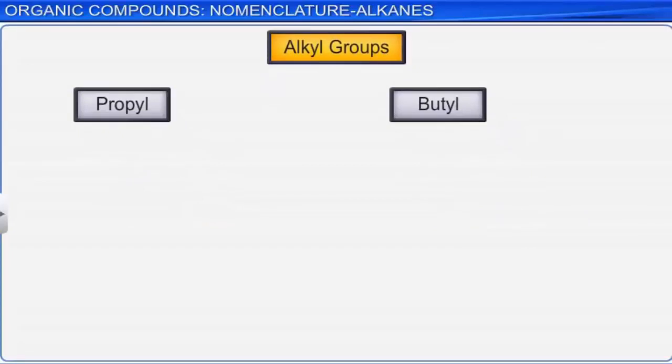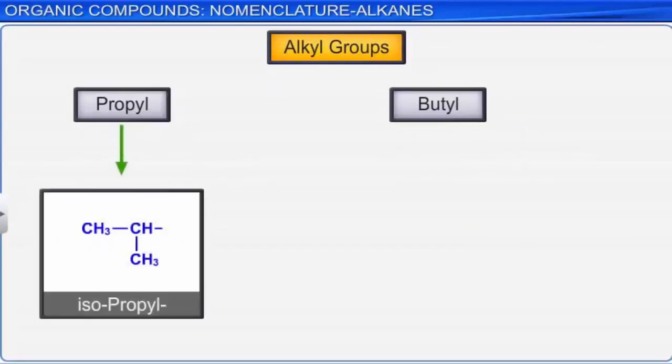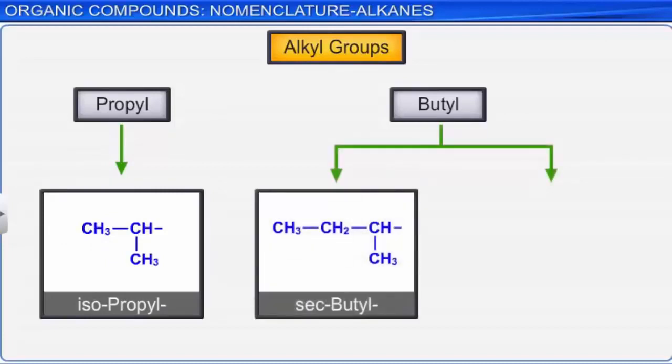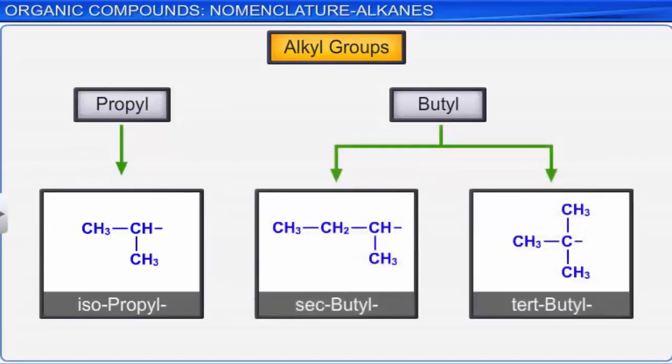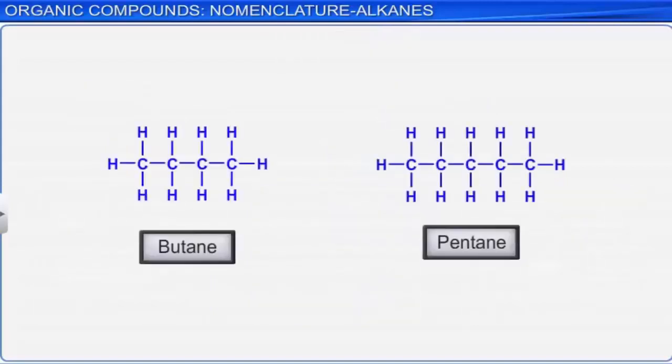The trivial names given for these structures are isopropyl, secondary butyl, and tertiary butyl, as the carbon atom is attached to other 2 and 3 carbon atoms respectively. Now let us see how in the trivial system, the various straight chain and branched chain alkanes, such as butane and pentane, are differentiated.